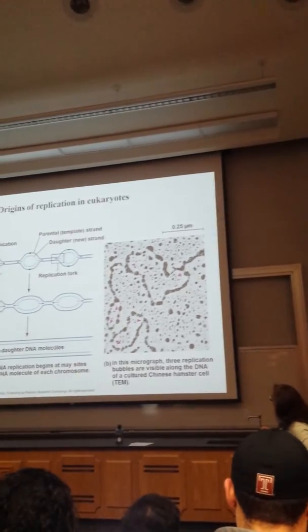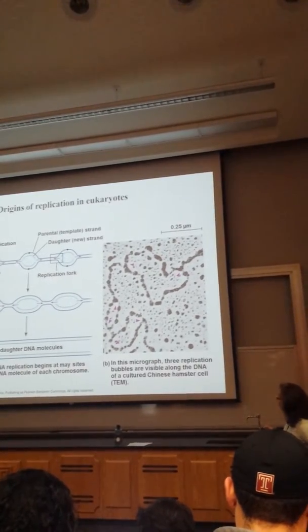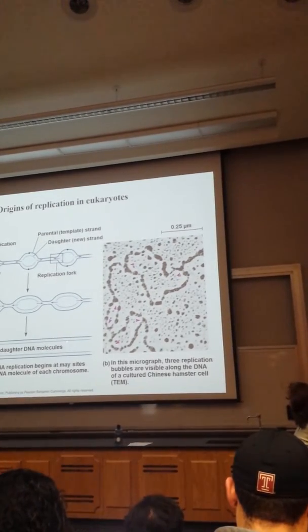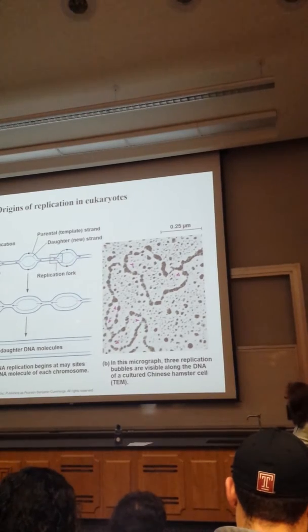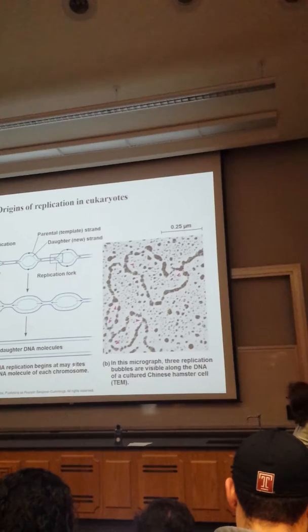The polymerase will go in both directions from the replication bubble. Eventually the replication bubbles that have formed all along the length of the chromosome are going to blend together to form two new DNA molecules, one with a template strand, one with a newly synthesized strand. And again, this is the semi-conservative model of DNA replication.